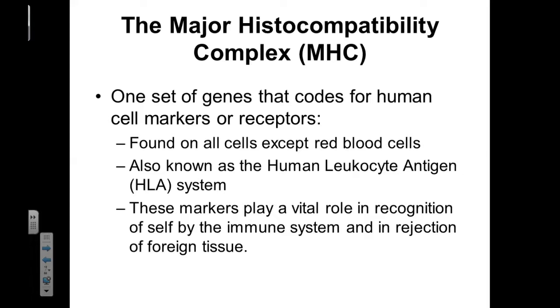The genes that code for human cell markers are broad and multivariate. These genes can form the major histocompatibility complexes, the MHCs. These MHCs vary a little bit from human to human. And these MHCs allow us to recognize what belongs in our body and what doesn't.